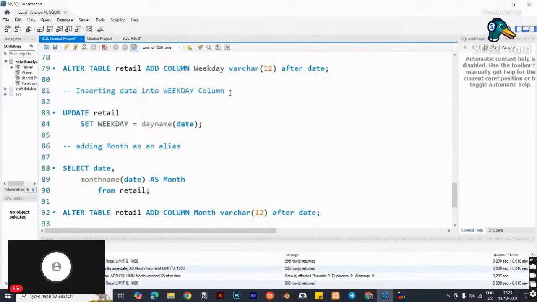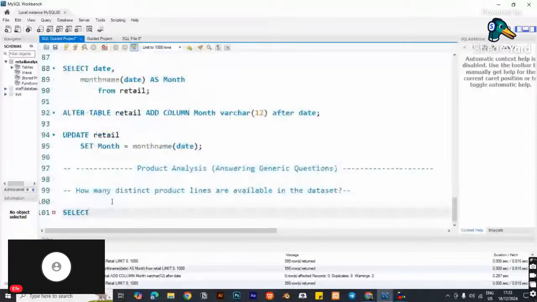When you are able to think like this, it will help you. So when you hear how many, it suggests count, and when you hear count, it suggests that you make use of your aggregate functions. This is how you begin to tackle it gradually.